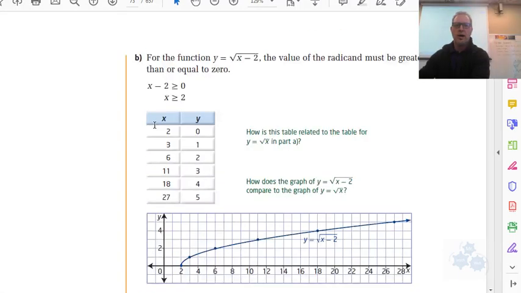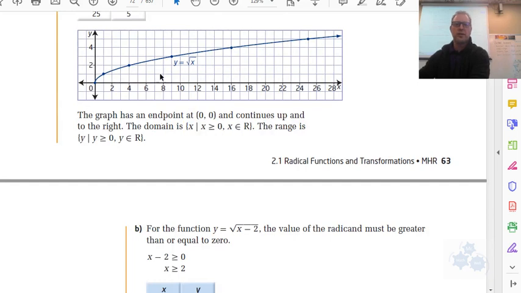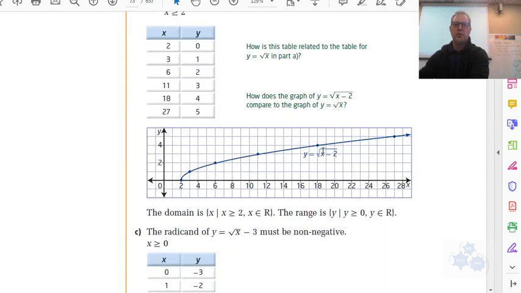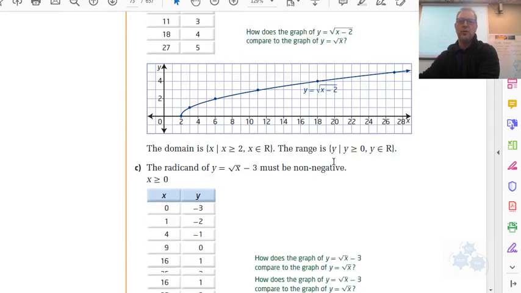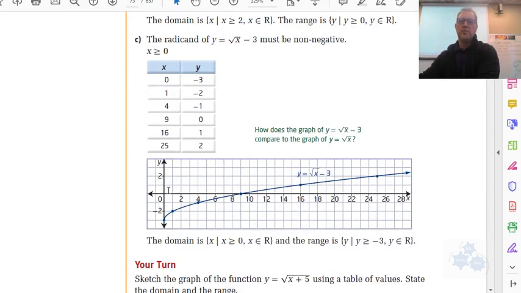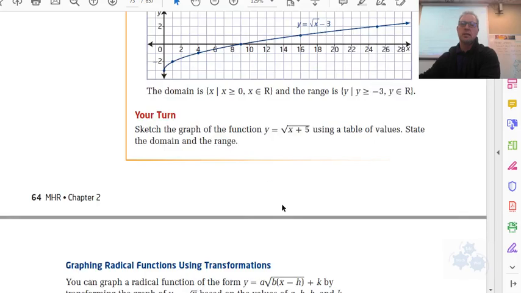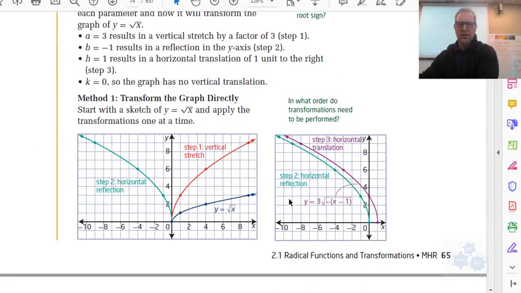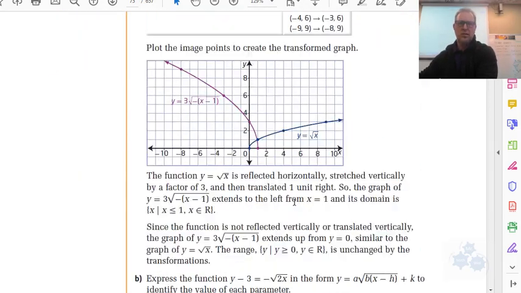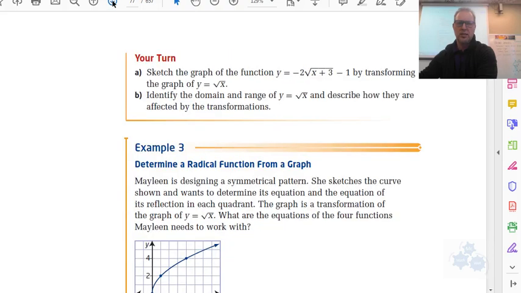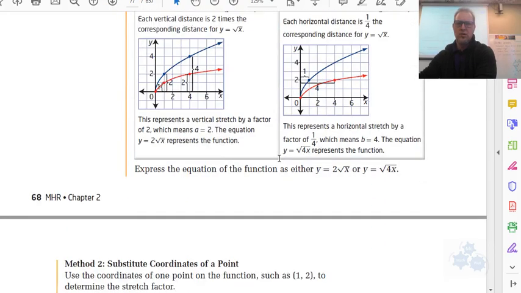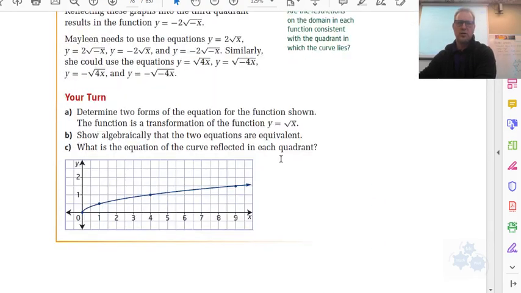Okay, so if you look at these graphs here, here are just a couple examples of transformed graphs. This graph has been moved to the right 2 units. This graph has been moved down 3 units. Okay, this one here is what I wanted to show you.